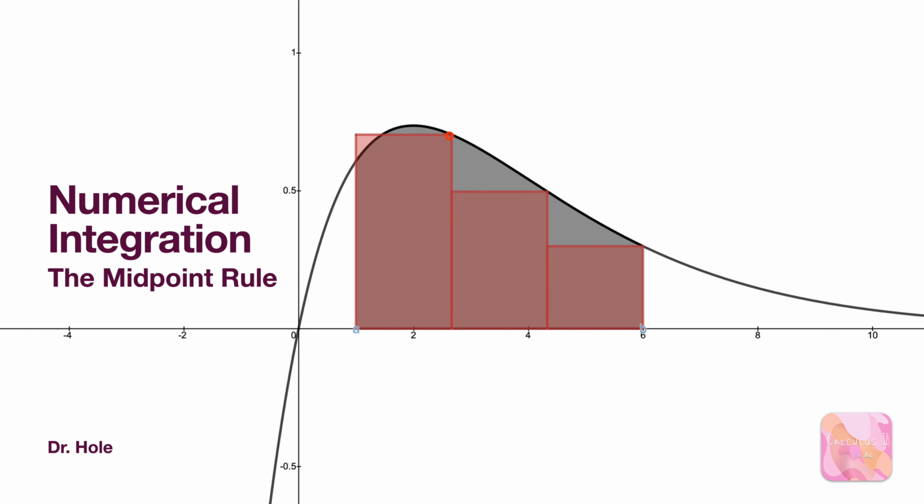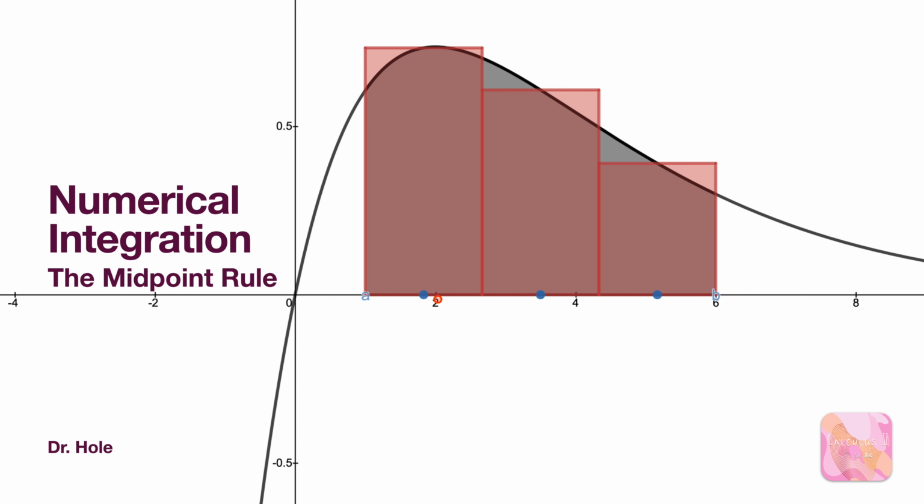Equally, we could use right endpoints to produce heights of the rectangles. Here, we're introducing the notion of the midpoint rule, which is to use midpoints. Let's take a close look.